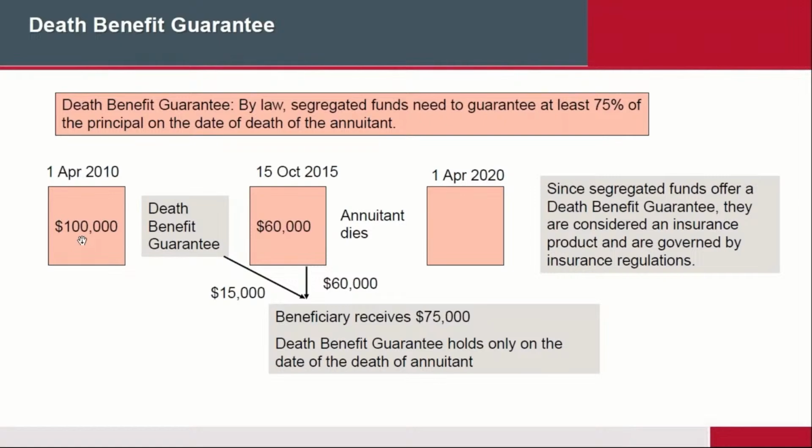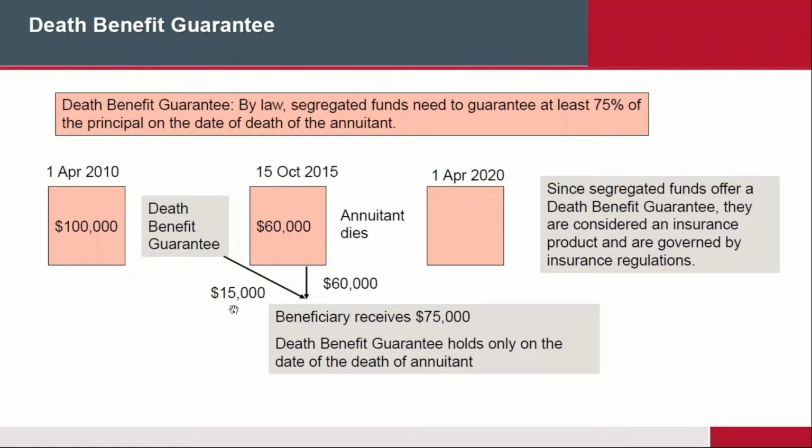You gave me $100,000 April the 1st, 2010. And midway, basically, the annuitant dies, and there was $60,000 involved. Well, the beneficiary will receive $75,000 because the death benefit guarantee is $75,000, and the insurance company has to top it up by $15,000. Okay, so that's the beautiful thing about this.